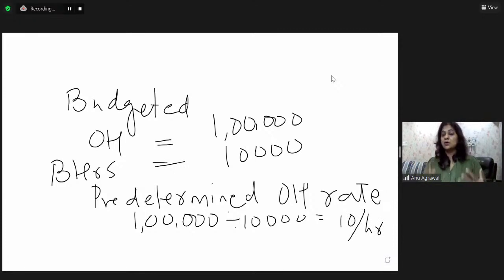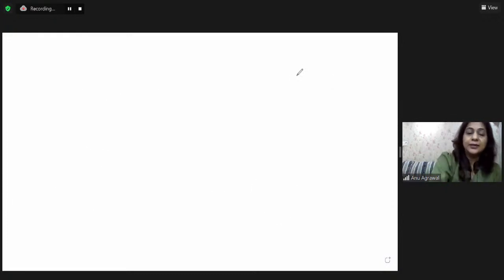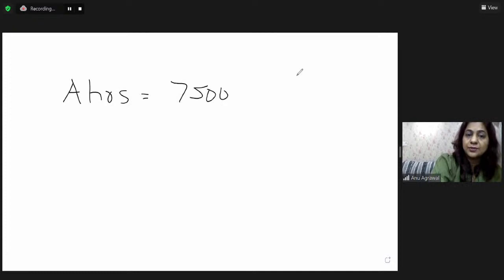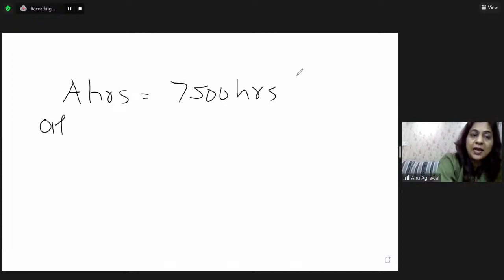Now this is an overhead rate which you determine. Now, why do we need to calculate supplementary rate? Let us say my actual hours worked are only 7,500 hours. Then how much overheads am I actually charging?